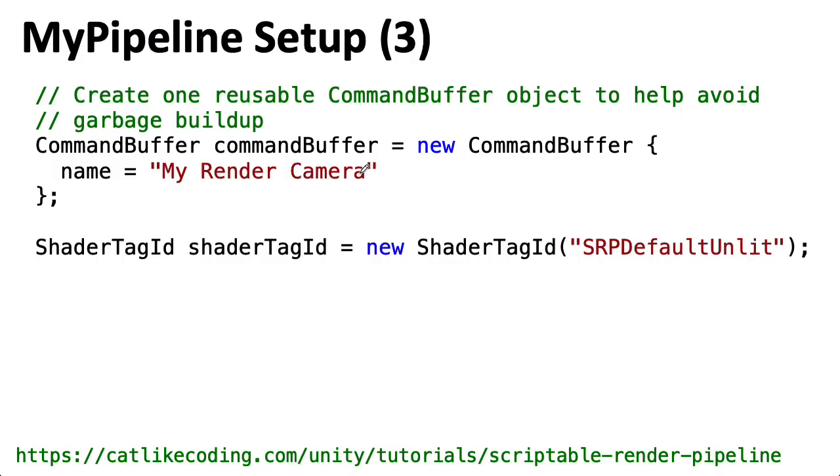Before moving on, we'll define a couple of variables. One is a command buffer named myRenderCamera. You can name it whatever you want. When you're communicating with the GPU, you want to avoid the overhead of setting up just talking to the GPU. So instead of sending one command at a time and having each executed individually, you develop a buffer of commands that get bundled up and sent off and executed in a row.